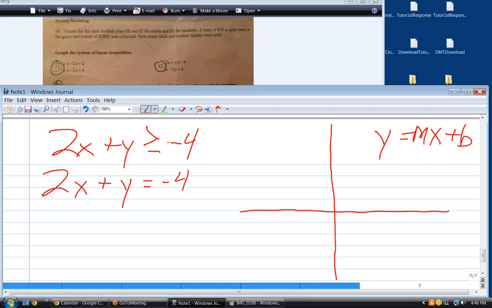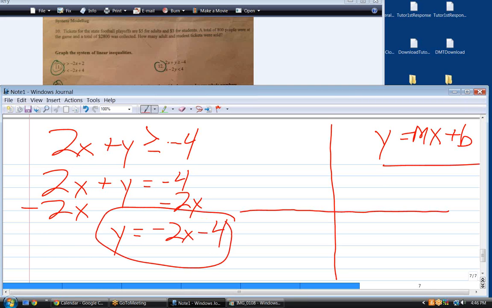About subtract 2x from both sides. All right. If I subtract 2x from the left and the right, now the x's cancel. 2x minus 2x is 0, and I'm left with y equals minus 2x minus 4. I switched them around because I wanted it to be in that format because I know how to graph that pretty easily.